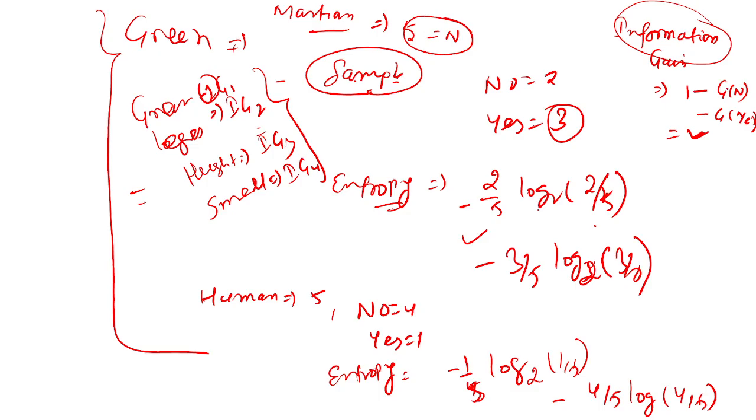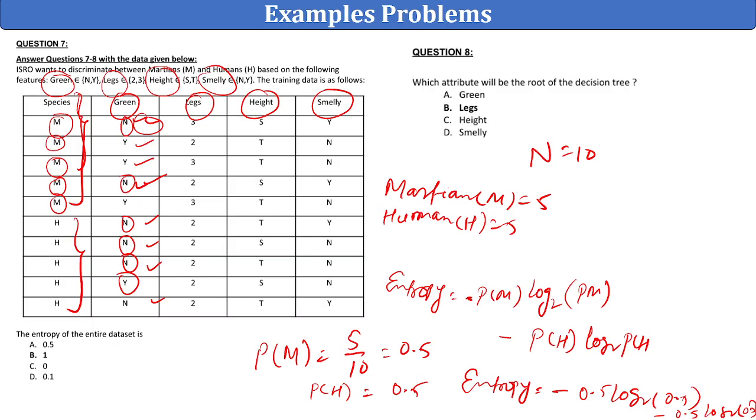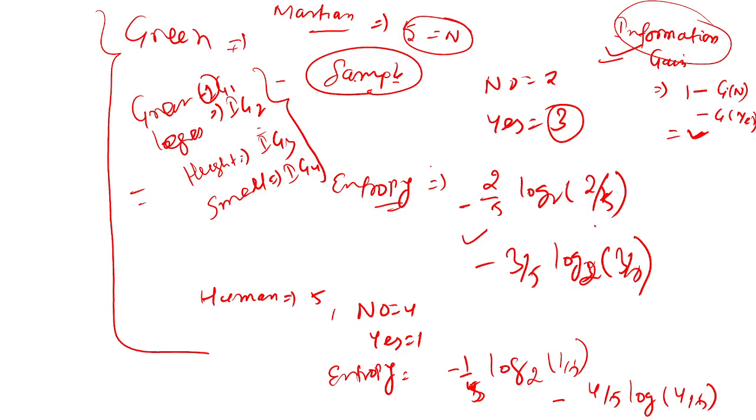Then we calculate the corresponding entropy, and from that the information gain. Similarly we'll calculate for the humans also, then 1 minus the entropy of green no and green yes gives the information gain.